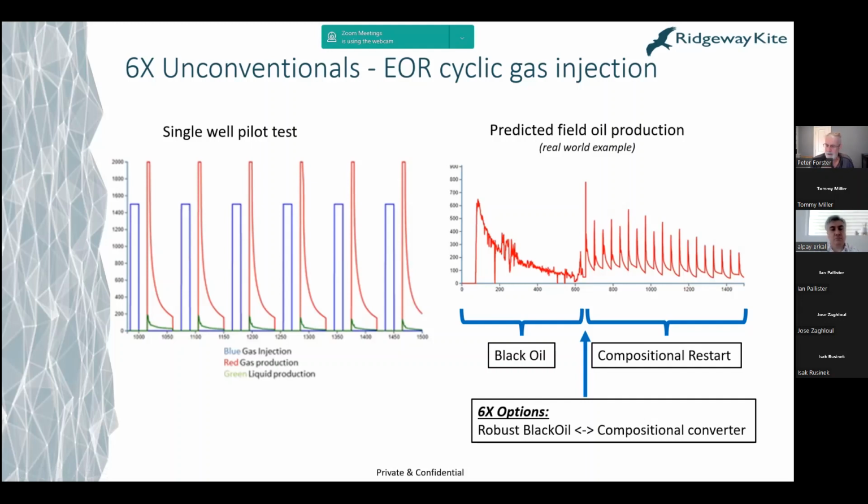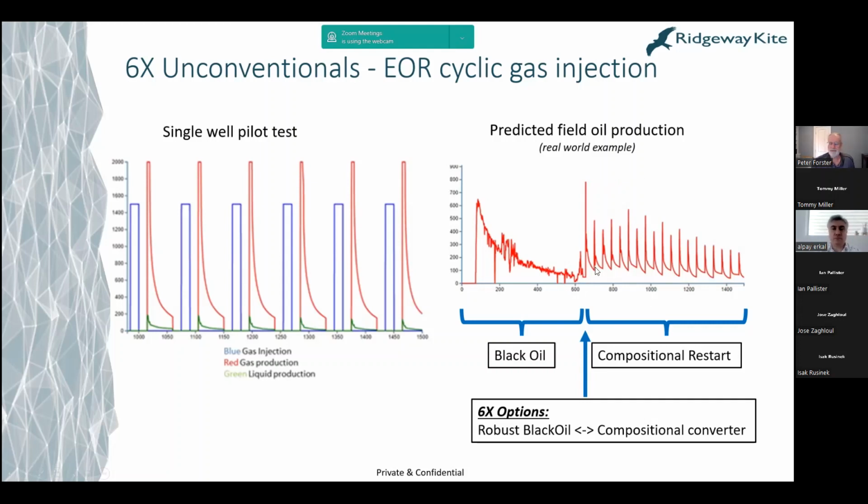Now, one workflow feature of 6X is that you can run the model either black oil, or you can run it compositional with an equation of state to define the fluids. Equation of state-based modeling is quite expensive in terms of runtime. So one thing that we have is the ability to do part of the run in black oil mode, and then to flip to a compositional state, so that you've got a set of components and equation of state that determine what's going on.